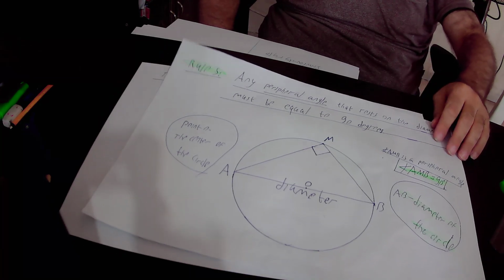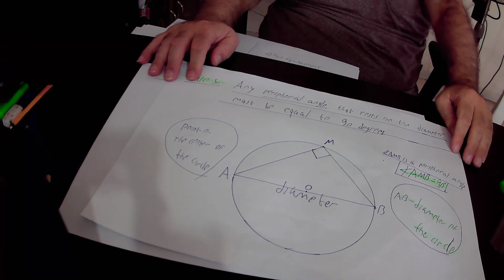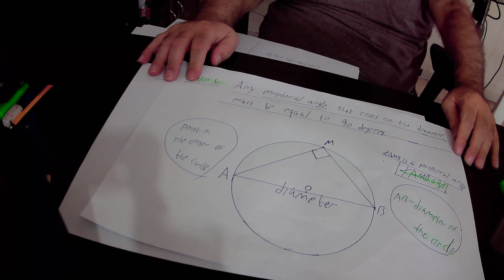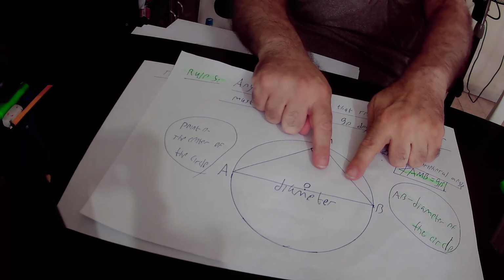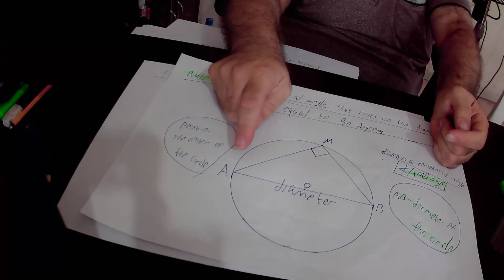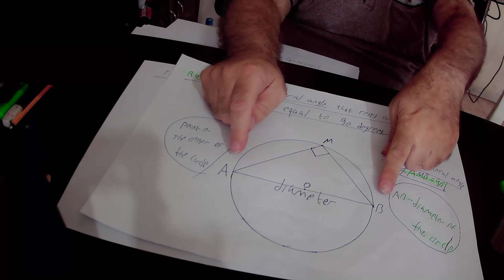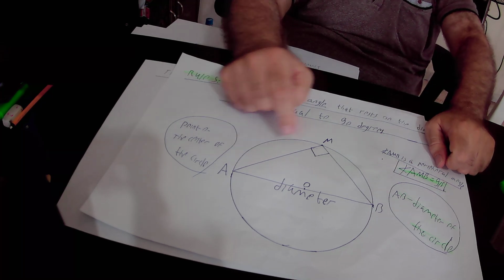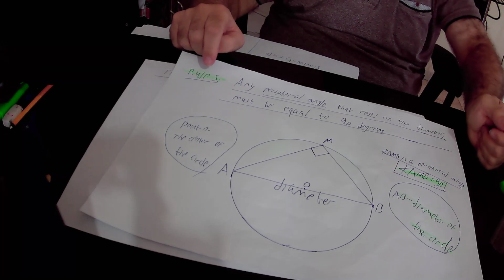According to rule number 5, any peripheral angle that rests on the diameter of the circle must be equal to 90 degrees. Here the diameter of this circle is AB, and we have the peripheral angle AMB that rests on the diameter of the circle. Therefore, peripheral angle AMB must be equal to 90 degrees according to rule number 5.